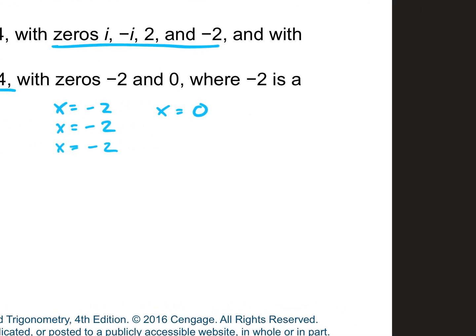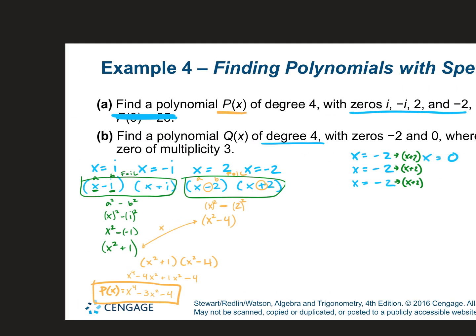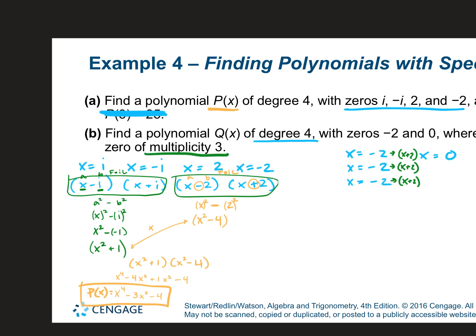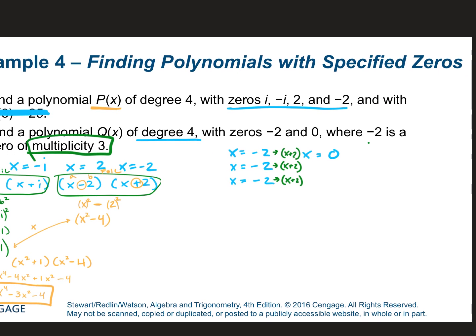So when we write this out in factored form, what would this turn into? x plus 2, x plus 2, and x plus 2. Because it said that we have a multiplicity of 3 at negative 2. So we've got 3 of them.